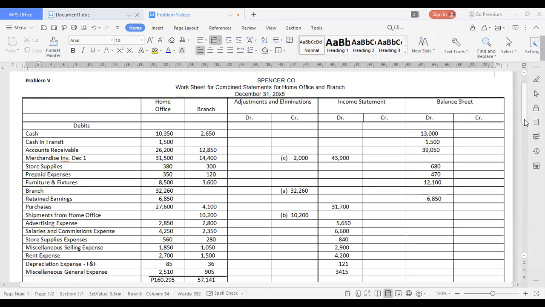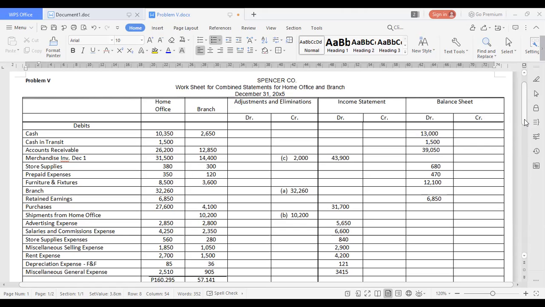When it debited the account cash in transit 1,500 and credit to branch current. So there is a credit to branch current in the amount of 1,500. That is an entry, no? Because we already have your adjusting entry in the books of the home office. So now we are carrying to our worksheet, include cash in transit.